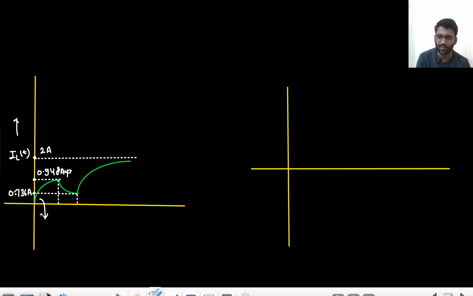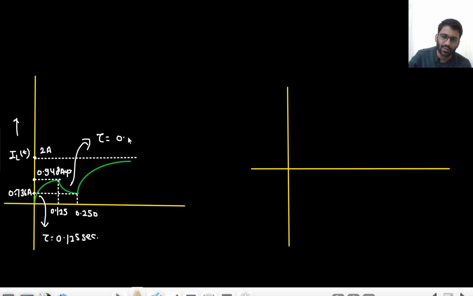First let me make the time windows. This was 0.125 second. This was 0.250 second. Time constant was 0.125 second. Here the time constant was 0.083 second.